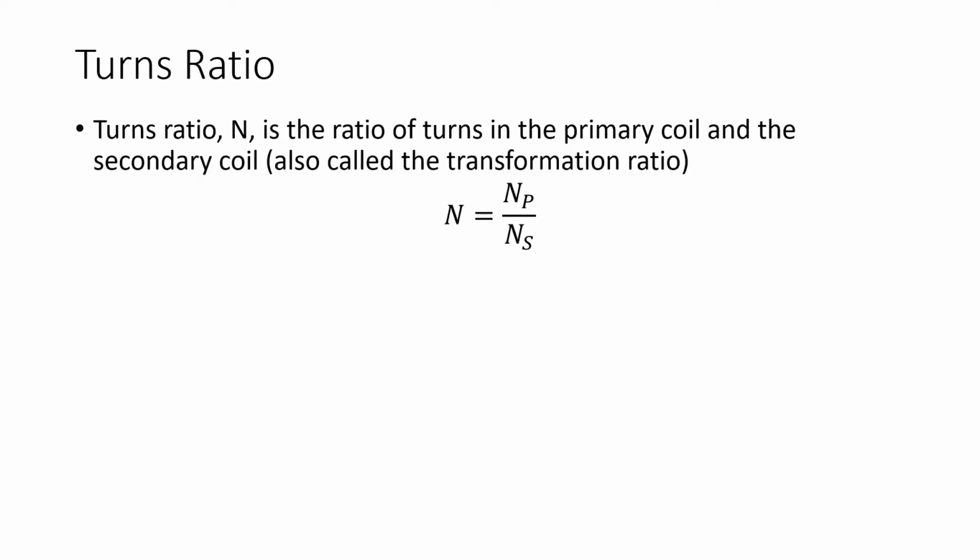Now, the most fundamental quantity that we use to describe the operation of a transformer is the turns ratio. It's also referred to as the transformation ratio. And this simply states the ratio of the number of turns in the primary coil, NP, and the number of turns of wire in the secondary coil, called NS.